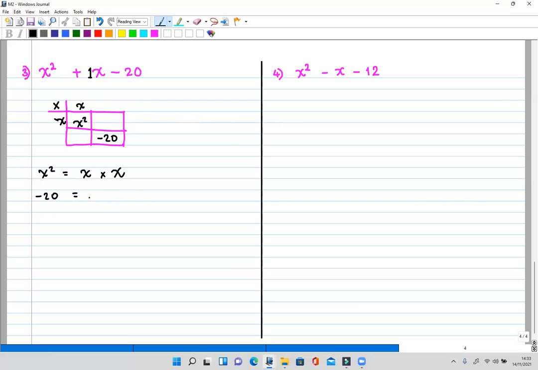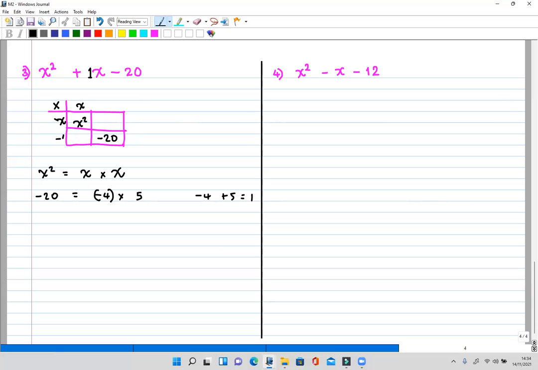The numbers should be -4 times 5. -4 times 5. Because when we get -4 plus 5, we will come up with 1. So that's why we need to get -4 and 5.